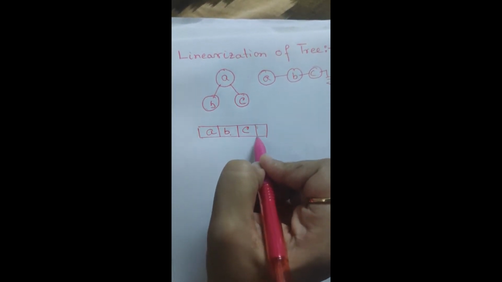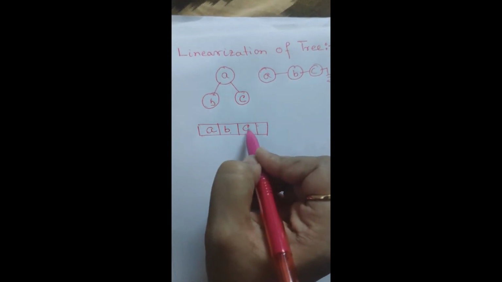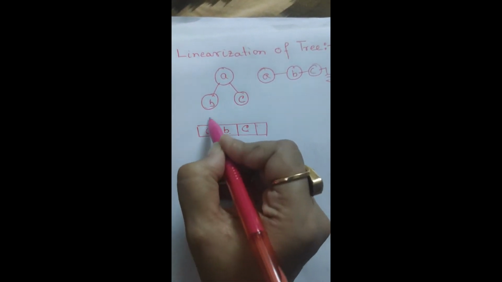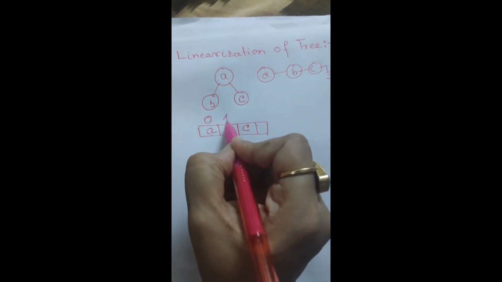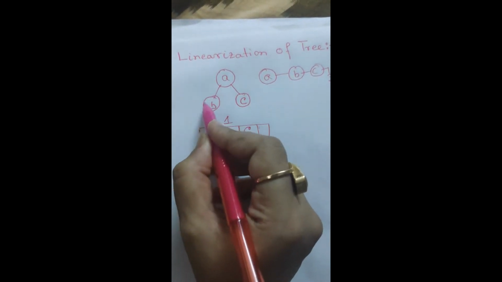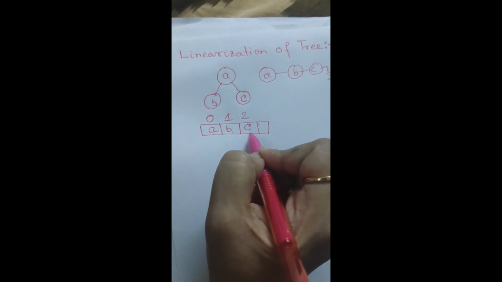So in the 0th index we store the root, first index the left child of the root, in the second index the right child of the root.